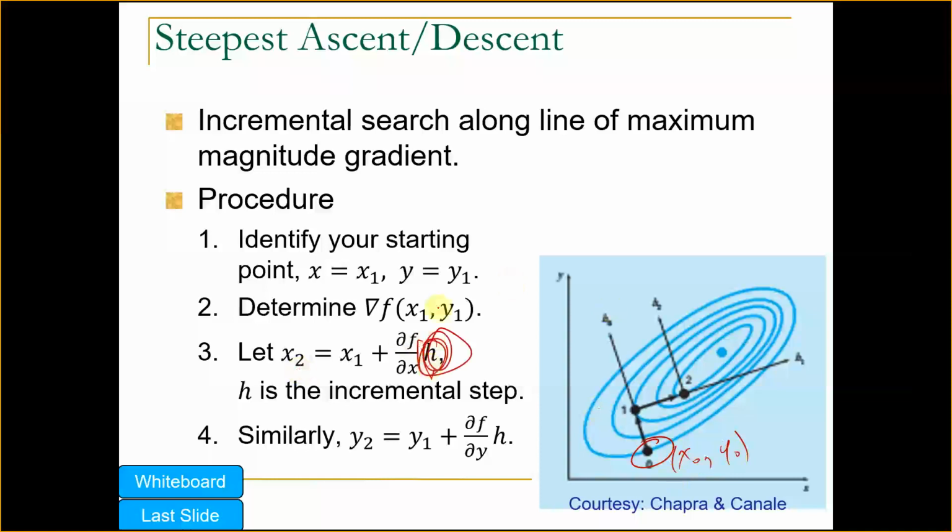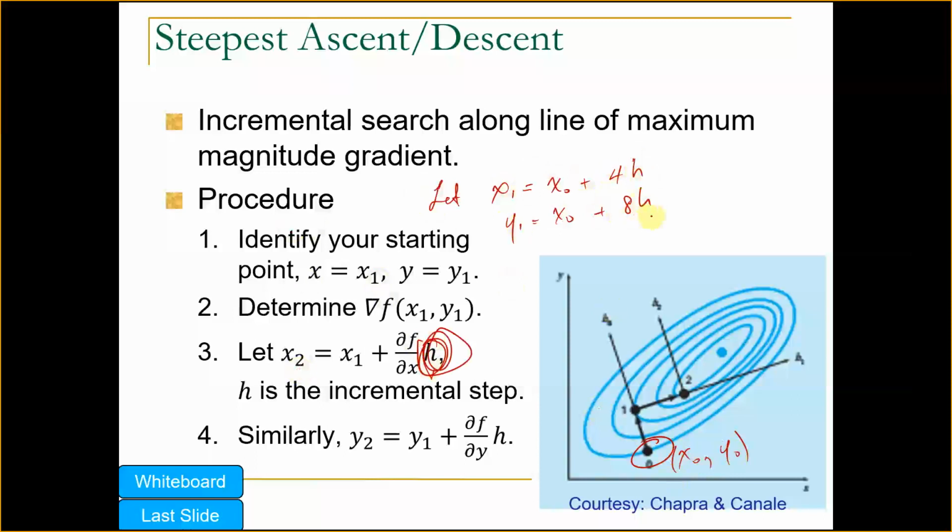So let x1 be x0 plus the grad function, in our case 4 times your step h, and let y1 be y0 plus 8 times h. h is just a step.